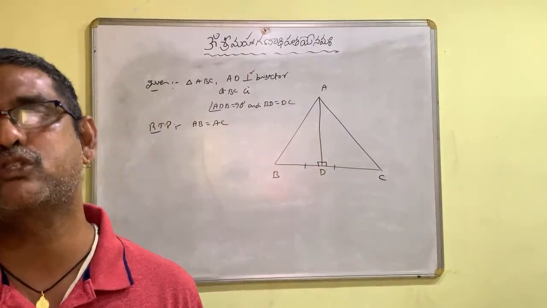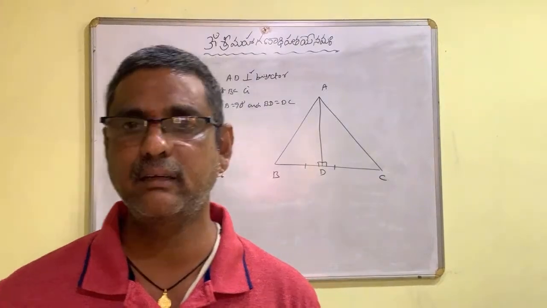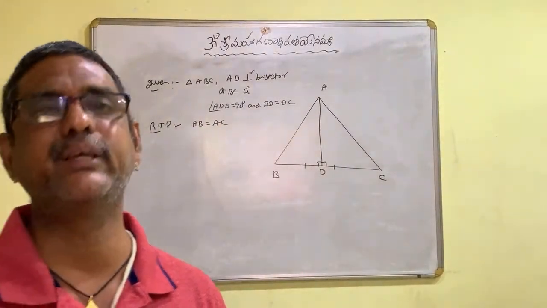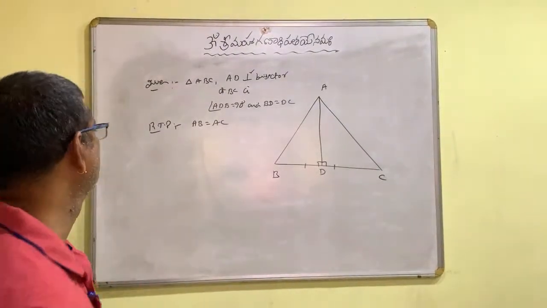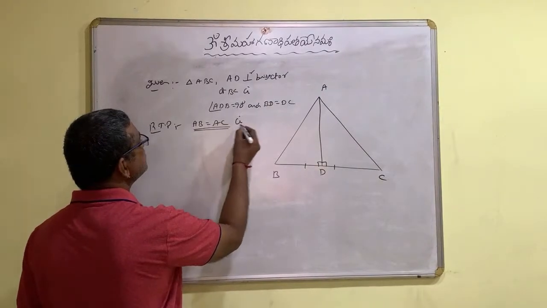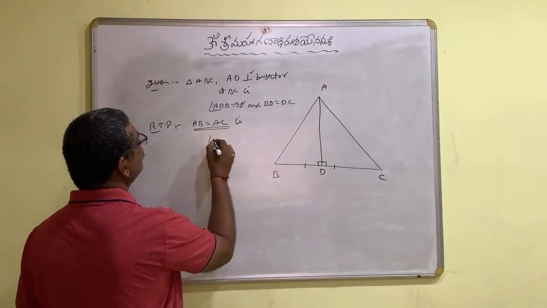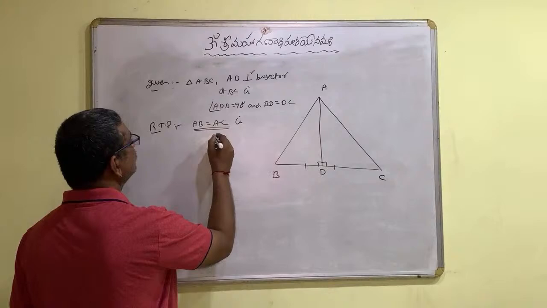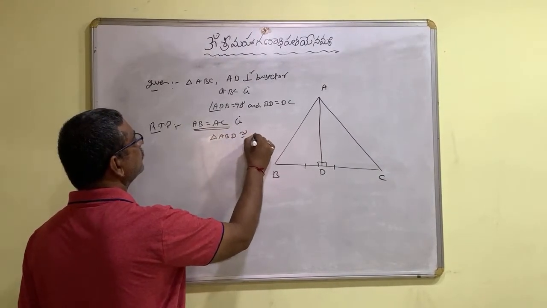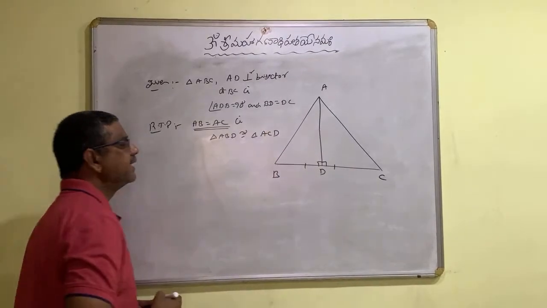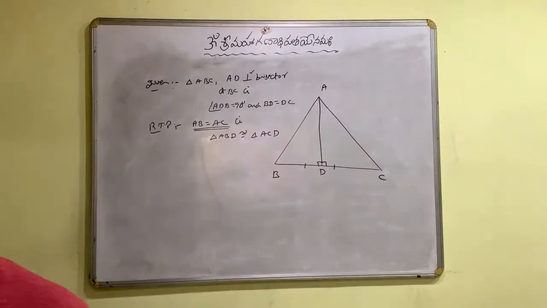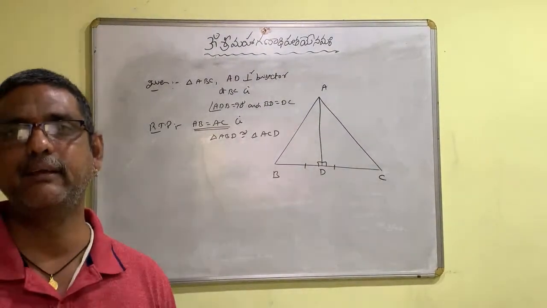So in order to prove this, it is enough to prove triangle ABD is congruent to triangle ACD.